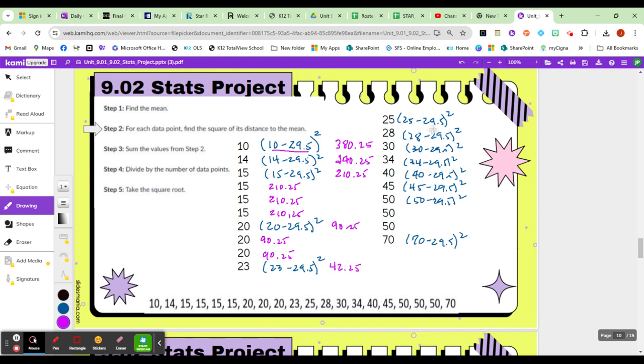When we do 25 minus 29.5 and we square that, we get 20.25. When we do 28 minus 29.5 and we square that, we get 2.25. When we do 30 minus 29.5 and we square that, we get 0.25.